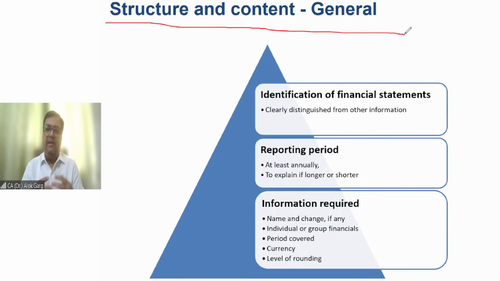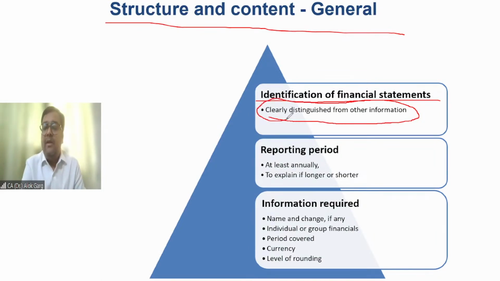This standard is such a meticulous standard. It says that the identification of the financial statement should be clearly distinguished from the other information, right? The financial statement in a particular document should be clearly distinguished.